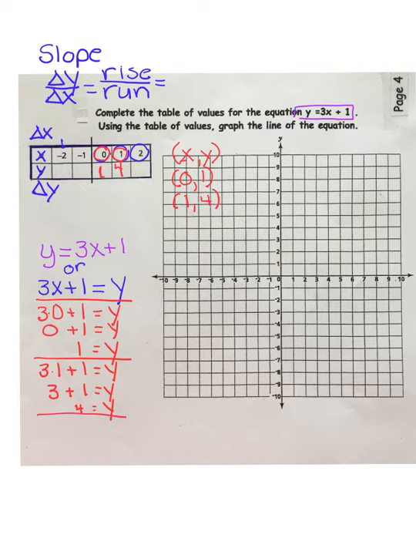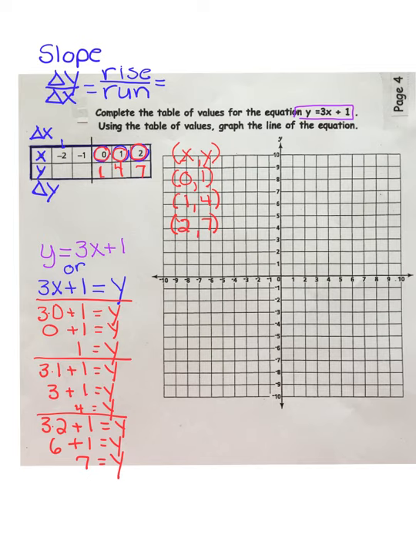And finally, let's use an x coordinate of 2. 3 times 2 plus 1 equals y. Well, we get 6 plus 1. In this case, our y value is 7. So our final point is 2, 7.